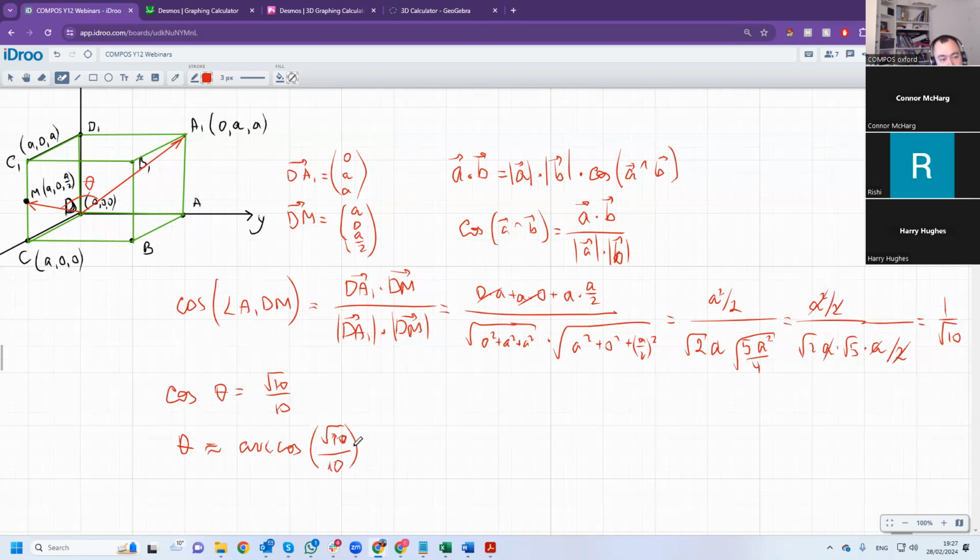Should be quite large, so it should be about 80 degrees. Let's see, arc cos square root 10 over 10: 71.6 degrees, about 71.6 degrees.